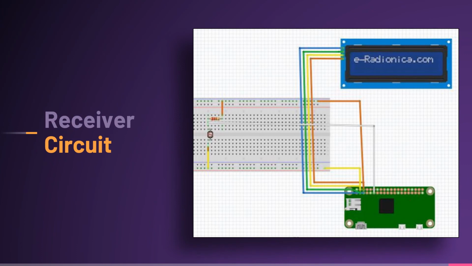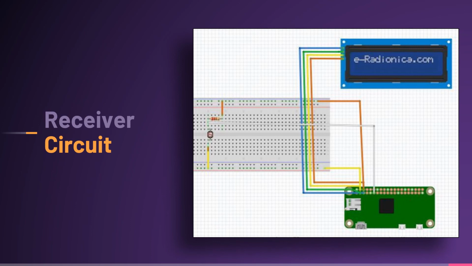The second part of the system is the receiver circuit. As shown, the LDR sensor receives the visible light signal from the transmitter side and converts it into interpretable electrical pulses that are fed to the Raspberry Pi, the receiver circuit's controller unit.